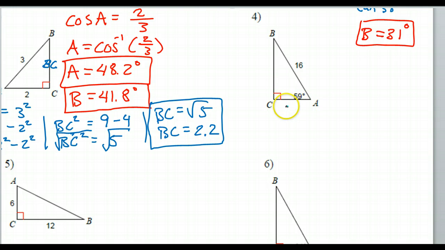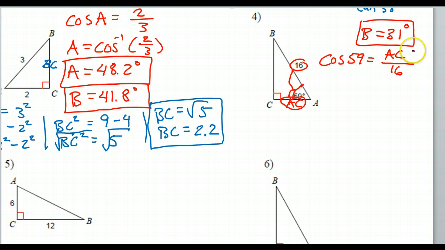So here's AC. I'm just going to call it AC. So looking at the AC and looking at the angle that I'm given and looking at the 16, what I have here is adjacent and hypotenuse. That is the cosine function. So I will do cosine of 59 is equal to adjacent, which is AC, over hypotenuse.